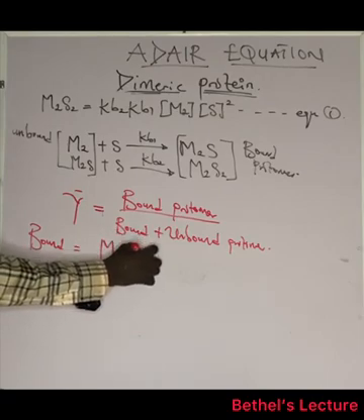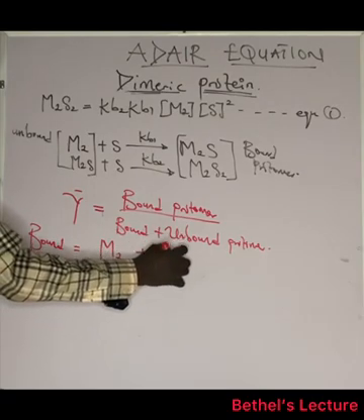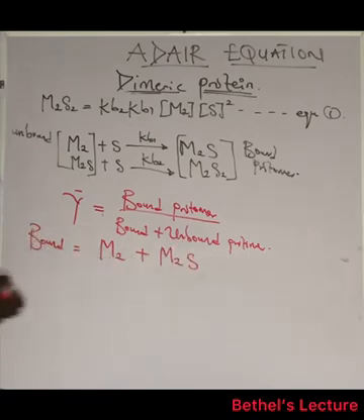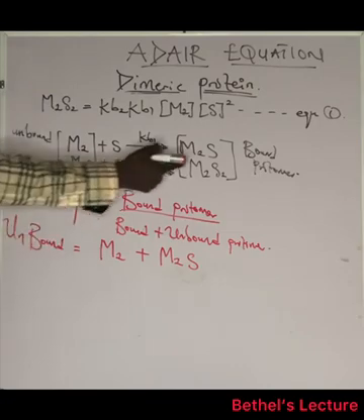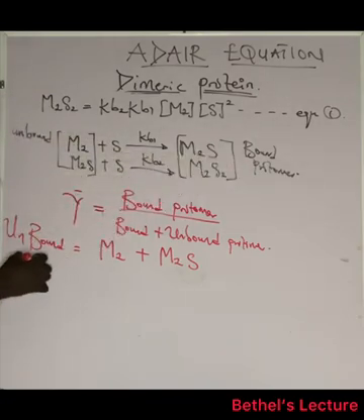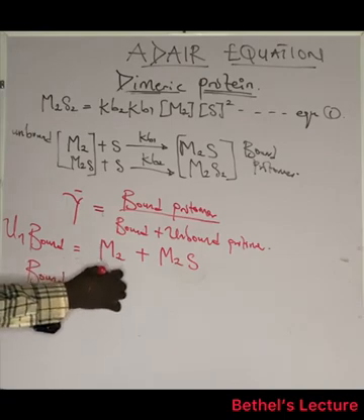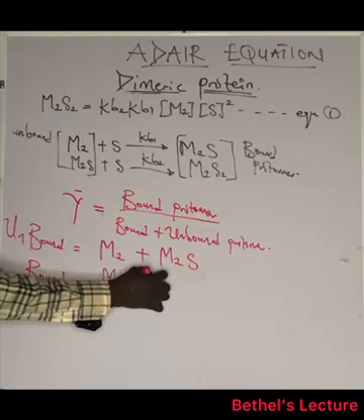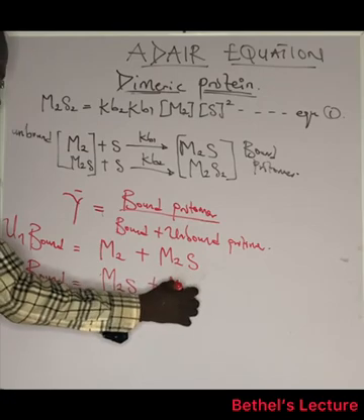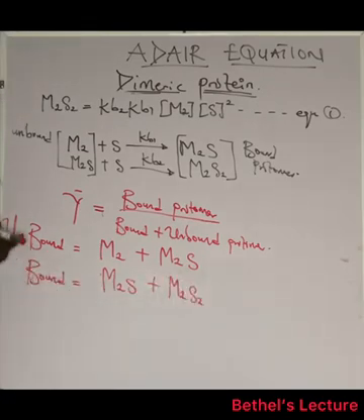Sorry, this is the unbound side, M2 plus M2S. But our bound is this side: bound is M2S plus M2S2. Now this one is unbound.